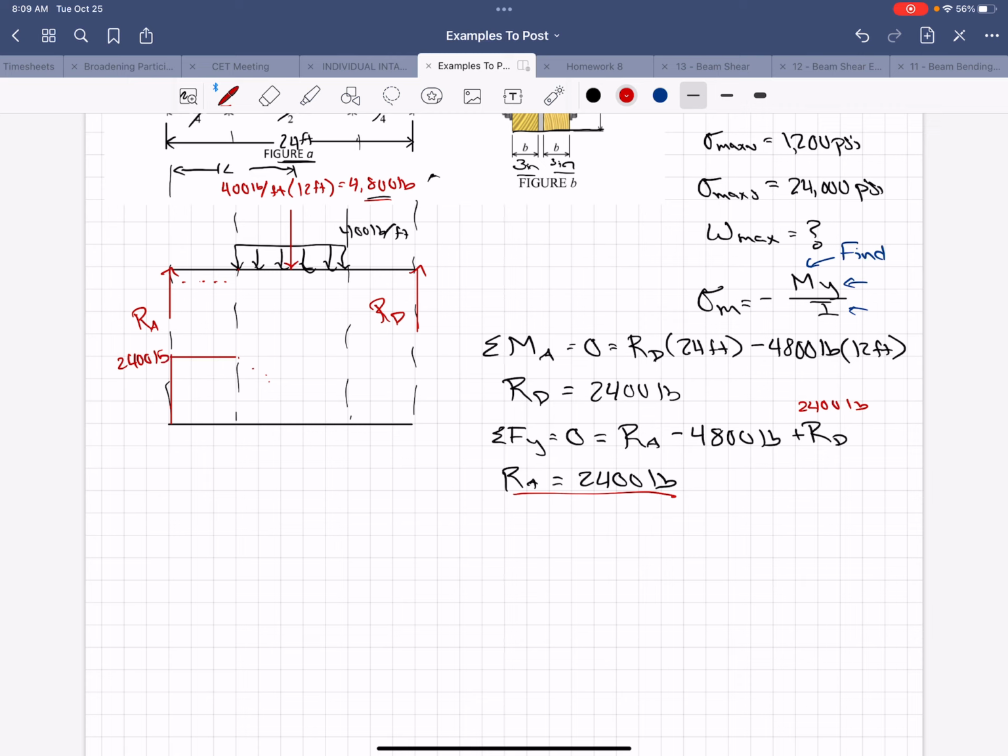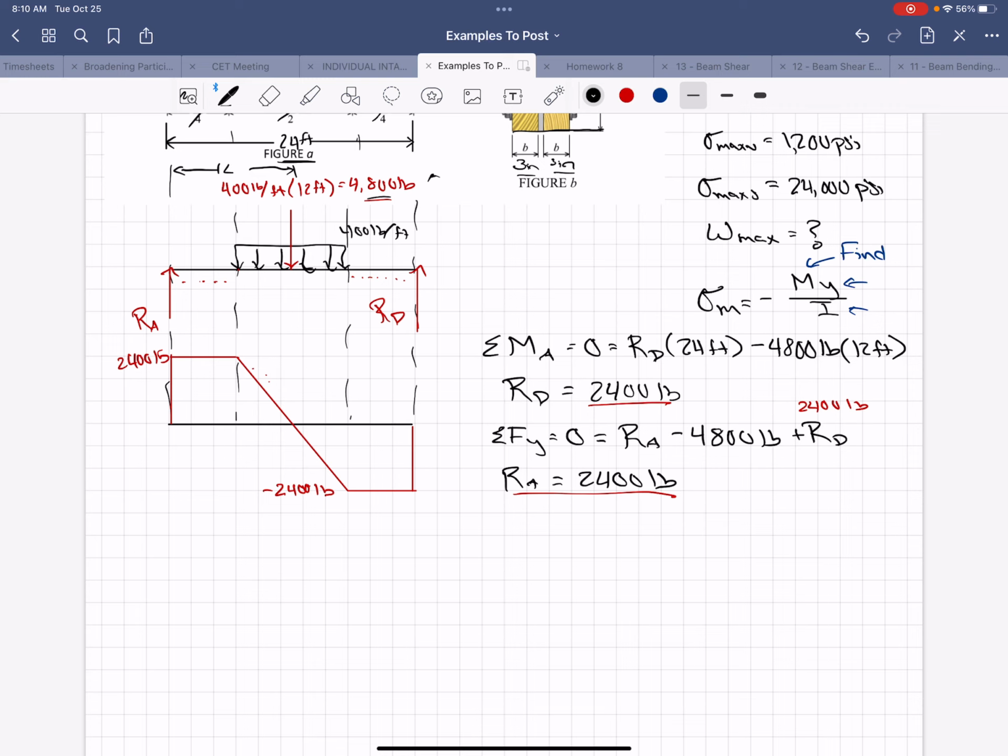I'm going to drop 4,800 pounds, so we'll be at negative 2,400 pounds. Then, as we continue to walk across the beam, nothing happens until we get to RD, which is also a positive 2,400 pounds, so we close. So that's good. Shear diagram went well.